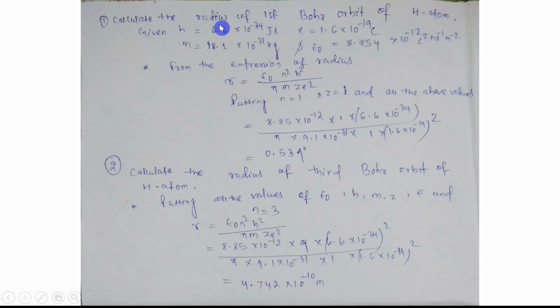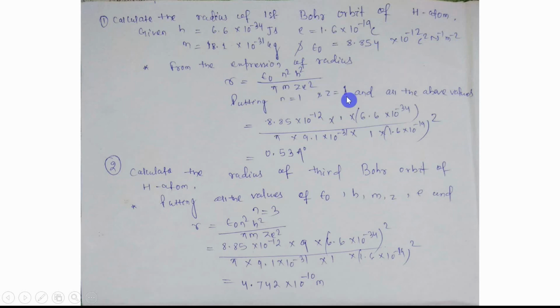h is the Planck's constant, whose value is 6.6 into 10 to the power minus 34 joule second, e equal to 1.6 into 10 to the power minus 19 coulomb, m is 9.1 into 10 to the power minus 31 kg, and epsilon naught is 8.85 into 10 to the power minus 12 coulomb square Newton inverse meter minus 2.